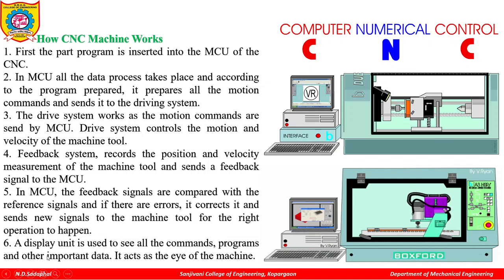Then on the computer display, you can see all the actions and all the motions recorded, and you can see the live motions, how much is completed and how much is left.